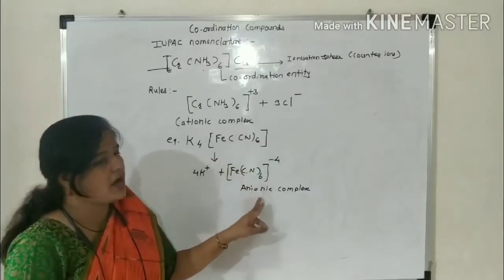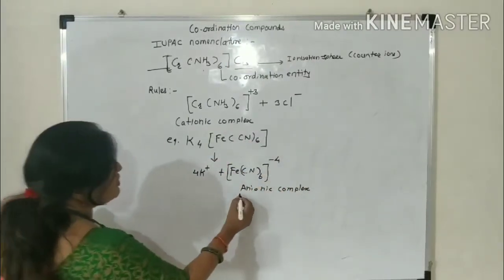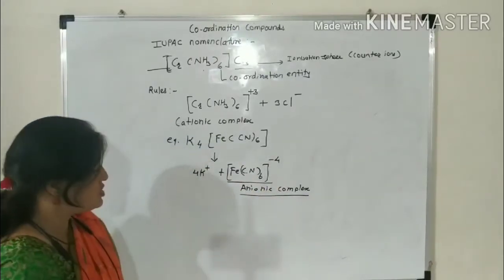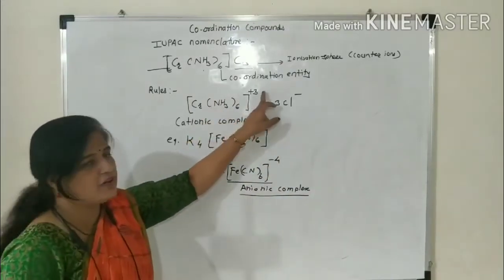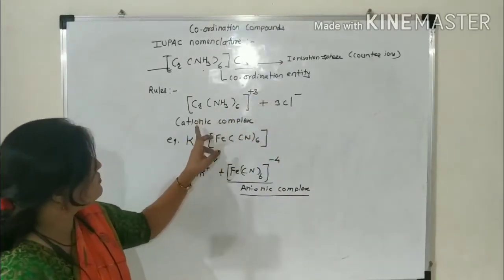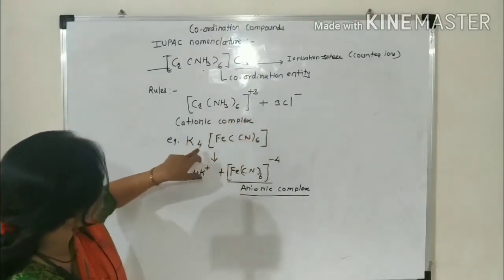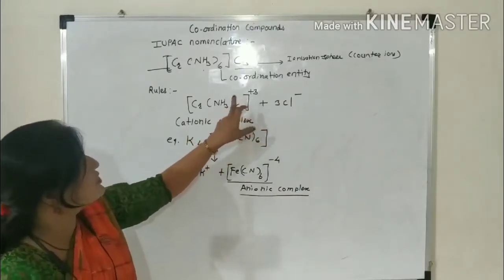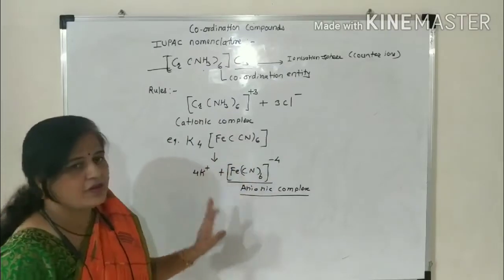When the coordination sphere carries negative charge, it is called an anionic complex. When the coordination sphere carries positive charge, it is called a cationic complex. This is a cationic complex after dissolving this coordination complex in water.